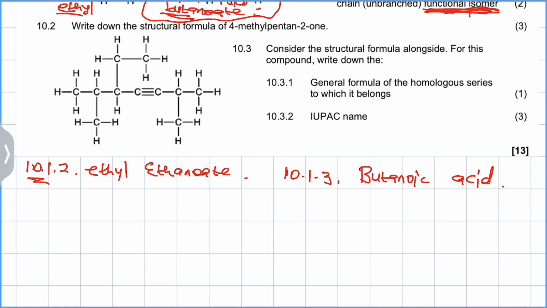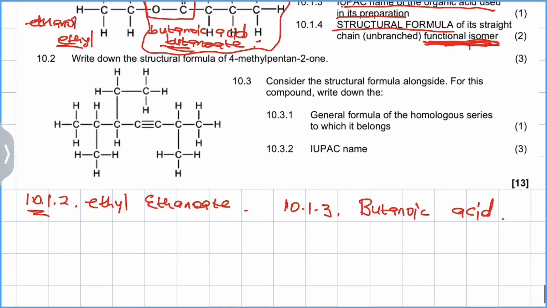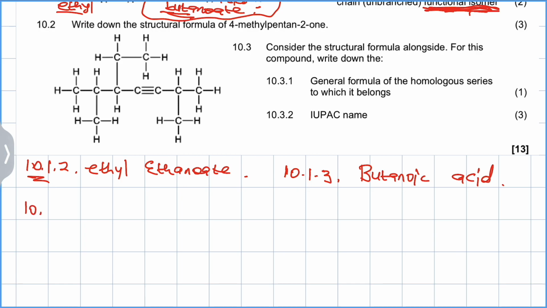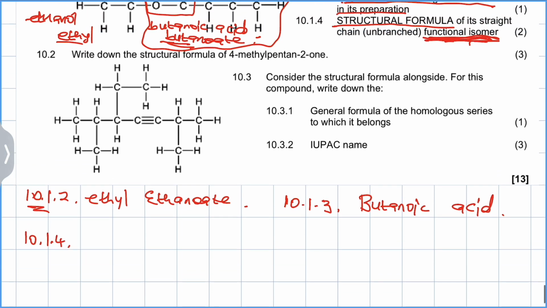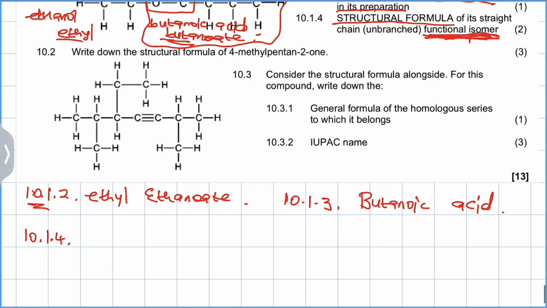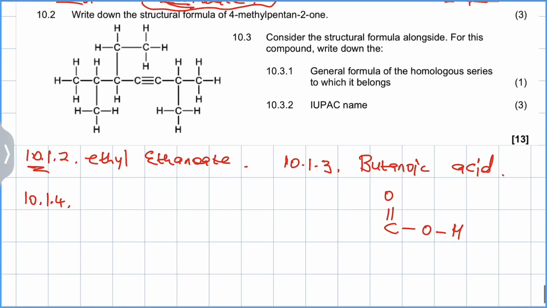Remember, this is question 10.1.4. So we know that functional group for carboxylic acid is C double bond O. The same C is connected to O and H. So therefore, we have 6 carbons. 1, 2, 3, 4, 5, 6.